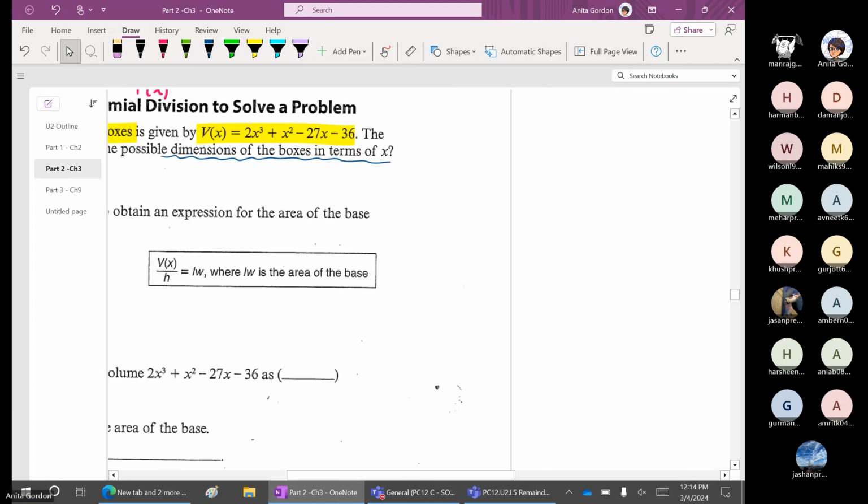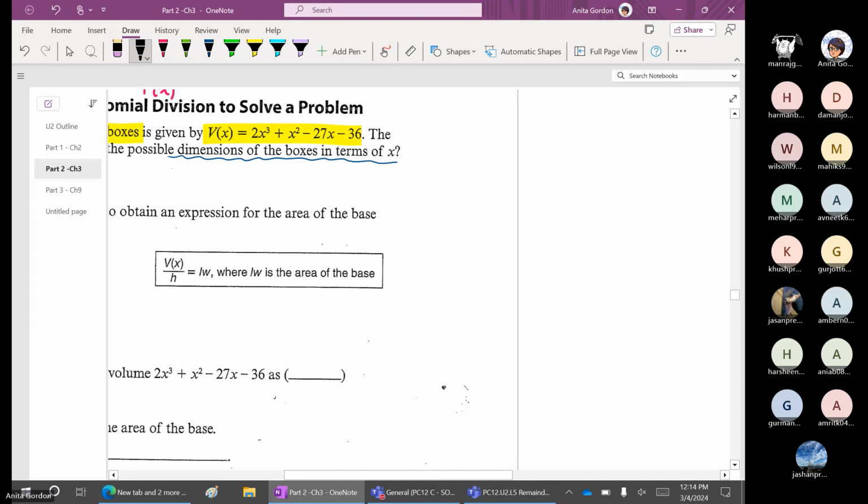Now, let's do some visualizing. Here is the box. Let's say that this is my length, this is my width, this is my height. What is the volume of the box?